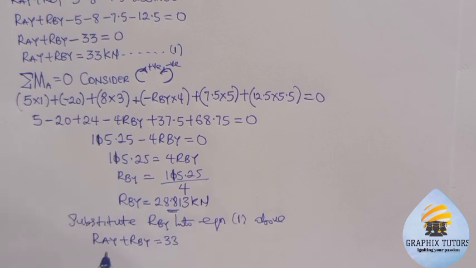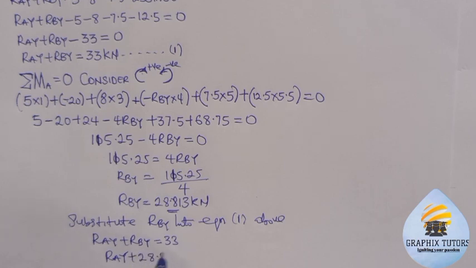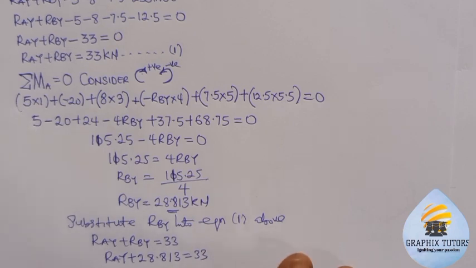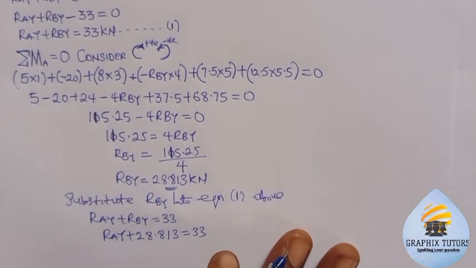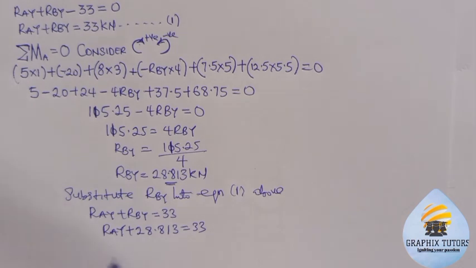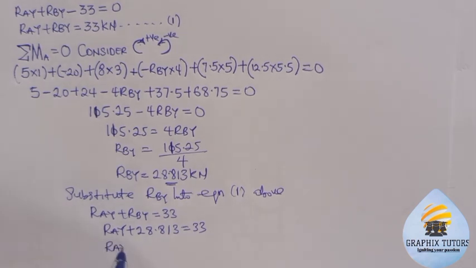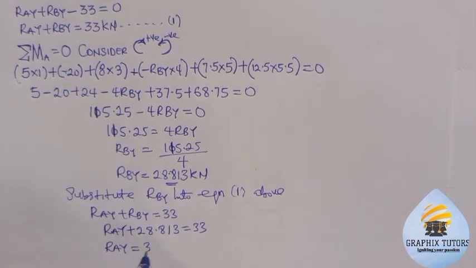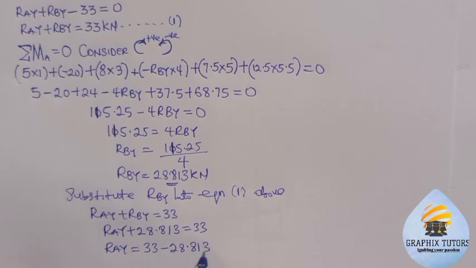So my RAY plus 28.813 will be equal to 33. So from here we'll now say that RAY will be equal to 33 minus 28.813.